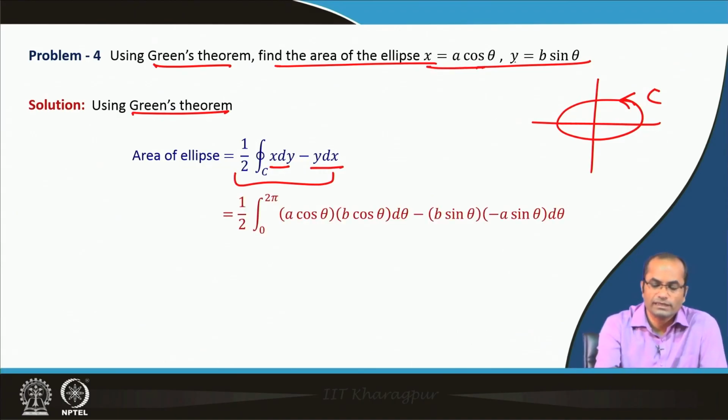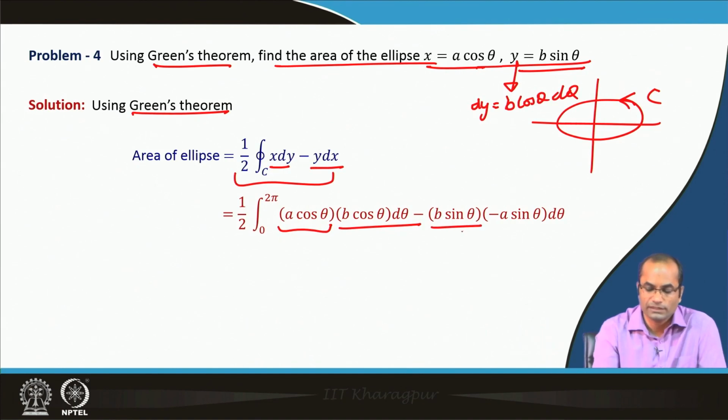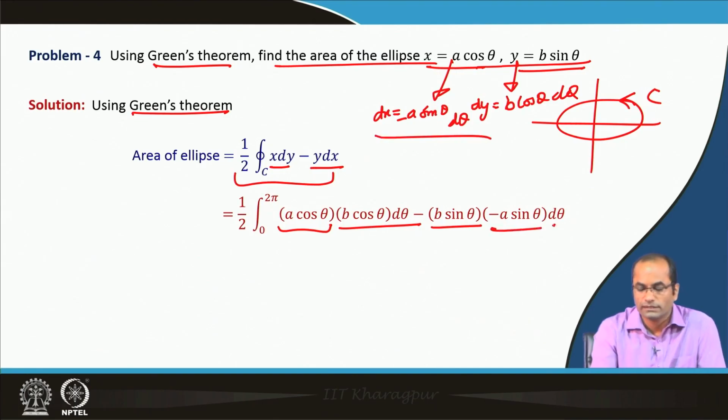We have already x is equal to a cos theta, y is equal to b sin theta. So, x is a cos theta, and dy we can get from here, dy is b cos theta d theta, then we have minus y, y is b sin theta, and dx. So, dx from this we will get a sin theta with the minus sign, and then d theta. So, minus a sin theta d theta.